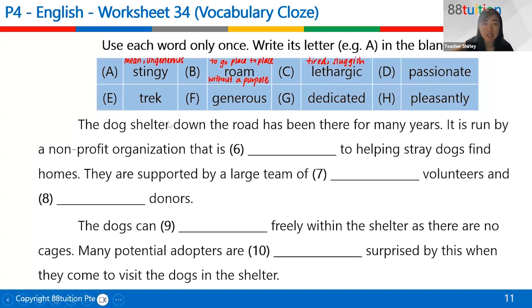Okay, next one, passionate. If someone is really passionate about something. Yes, Jara. Showing feelings caused by strong feelings or beliefs. Very good.